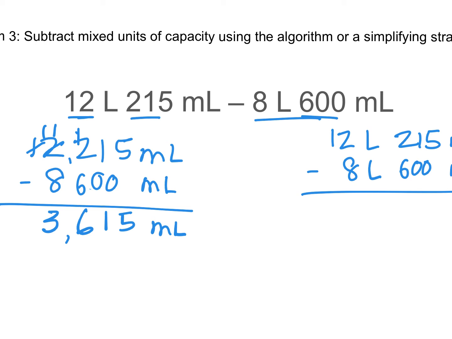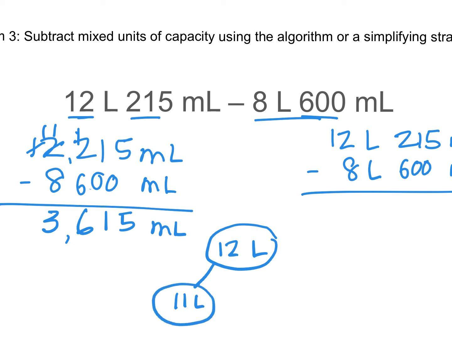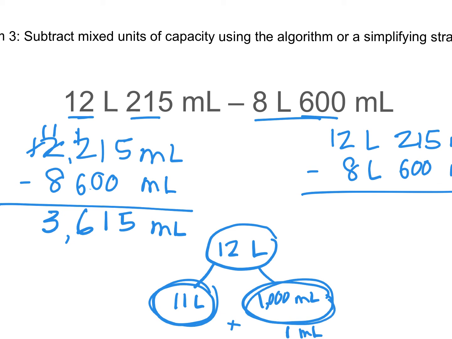Remember, we'll say 12 liters could be 11 liters, 1,000 milliliters. Because we know that 1,000 milliliters is 1 liter, and that would still equal the 12 that we have up here, this 11 plus 1,000.